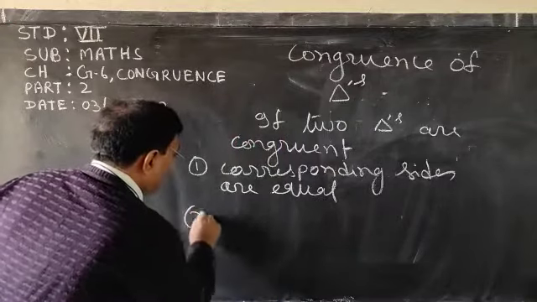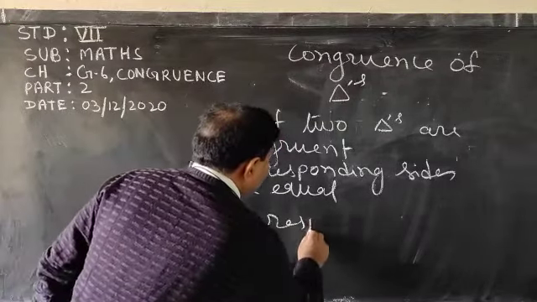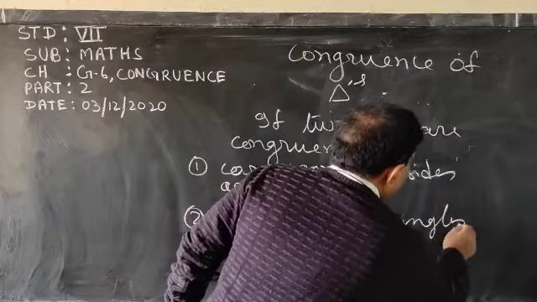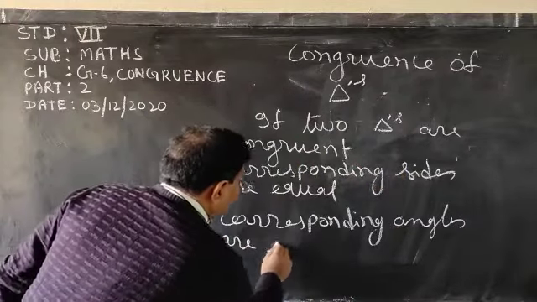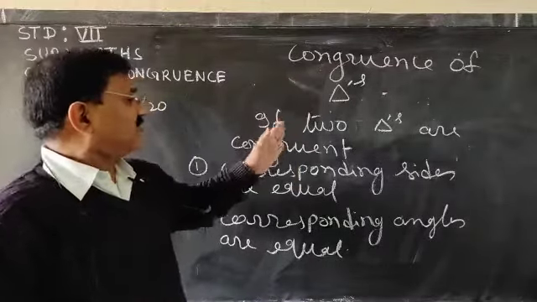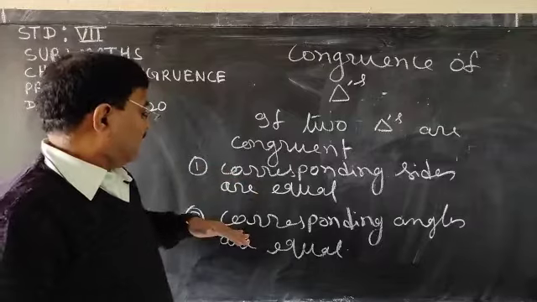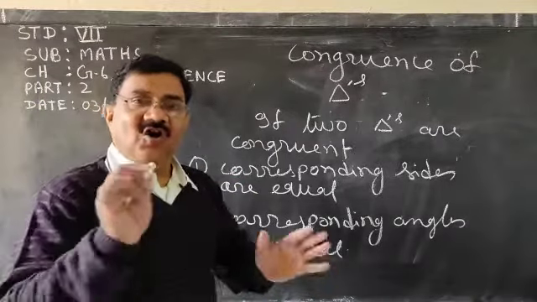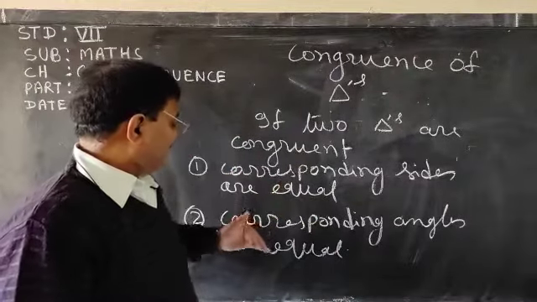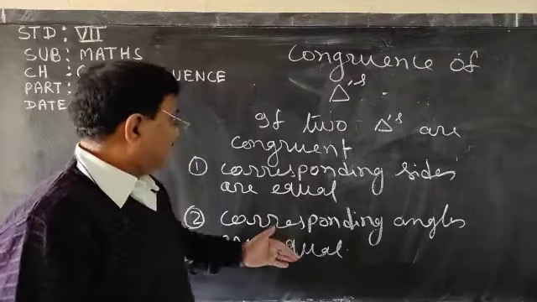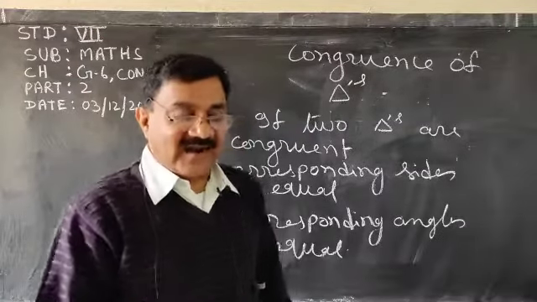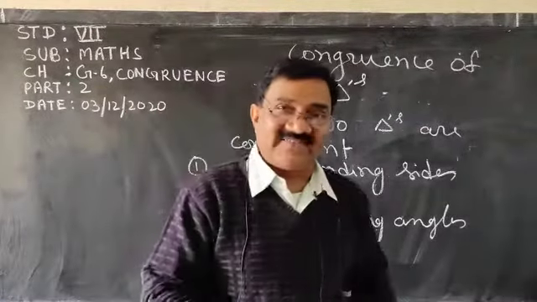And second, corresponding angles are equal. So try to understand it. If two triangles are congruent, then corresponding sides are equal and corresponding angles are equal, or just the opposite. If the corresponding sides are equal and corresponding angles are equal, then the triangles are congruent. Very clear or not? So that part is clear, we have already discussed.